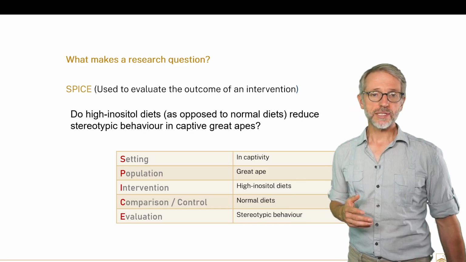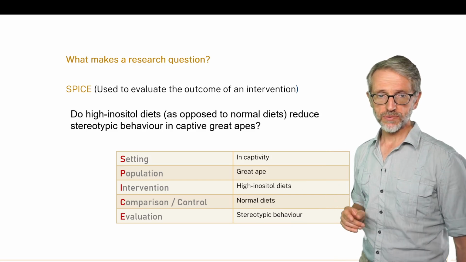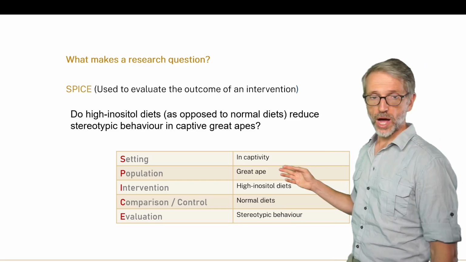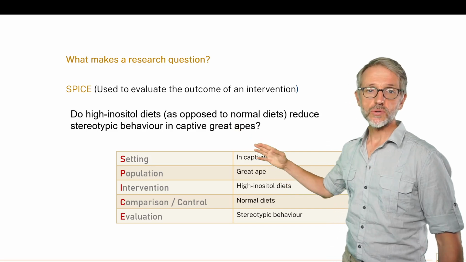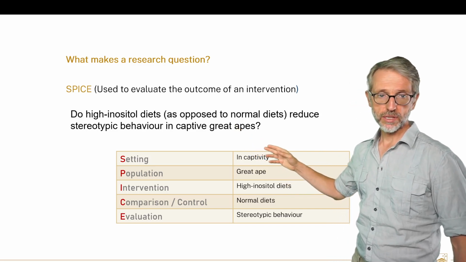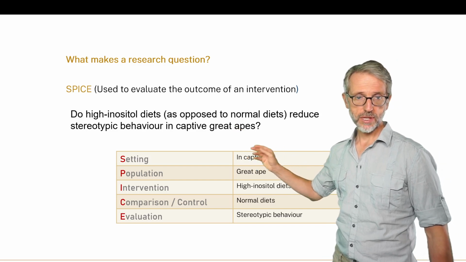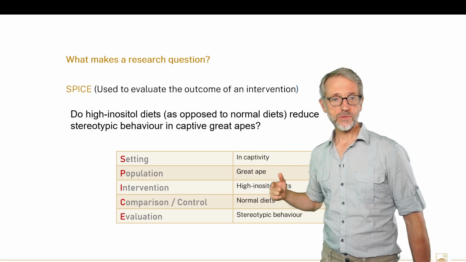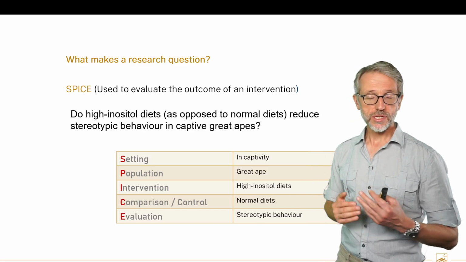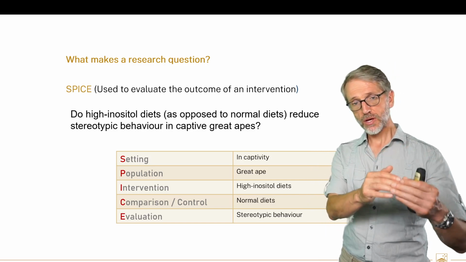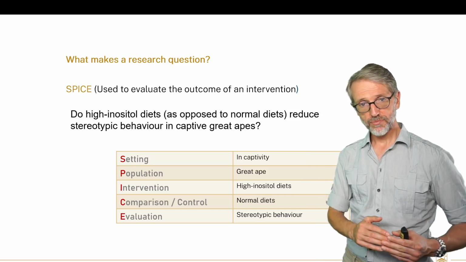How does that compare to a SPICE example? Well, here's the same example but with a different twist. So do high inositol diets, as opposed to normal diets, reduce stereotypic behaviour in captive great apes? So here we're not interested in that self-harm comparison. We are interested in having an impact on an existing behaviour, bringing it down.